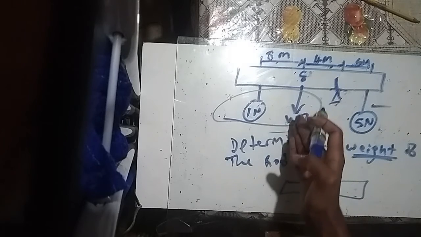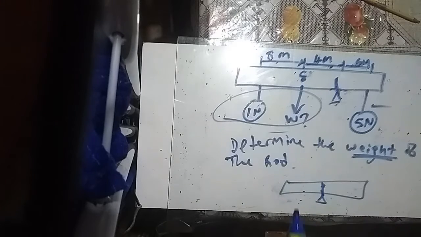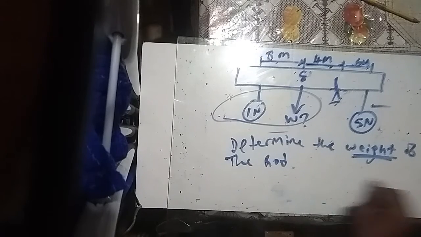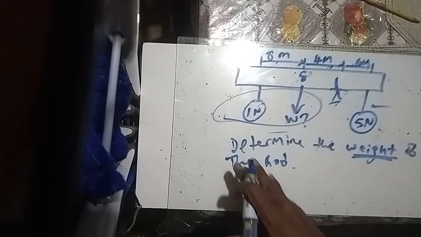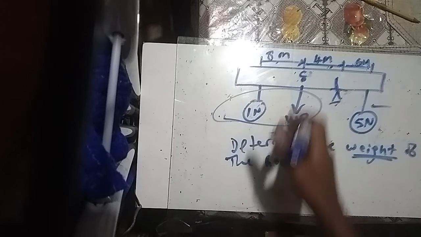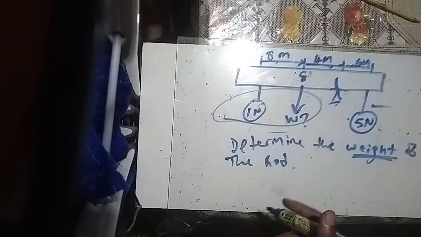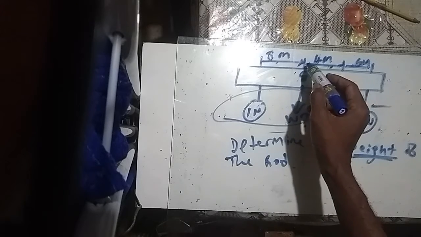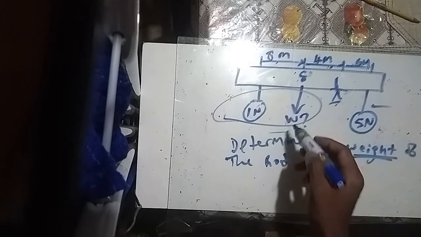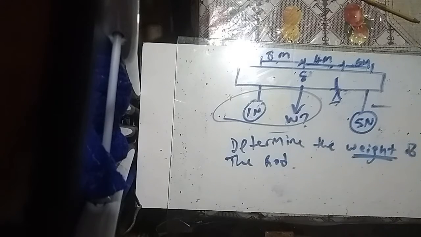I will have to add the moment that I calculate for the weight at the center of gravity to the moment that I calculate for this 1 Newton force there. So I have to take the weight into consideration, and they ask me to find the weight of the rod. Though I do not know the weight of the rod, I know that the center of gravity is 4 meters away from the pivot, because it is balanced already. They do not tell you the weight, therefore we can use the principle of moments to solve the question.